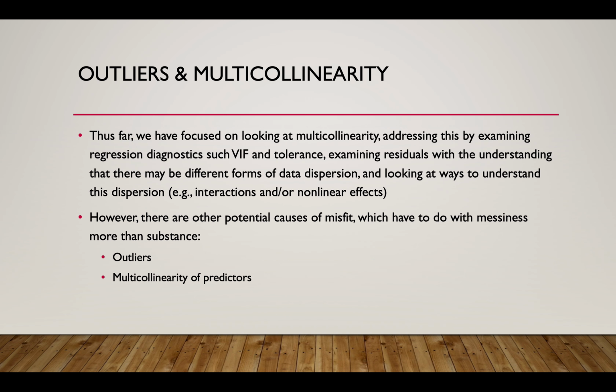Now, of course, we've talked about multicollinearity and having multicollinear predictors, and this being one of the primary reasons why we center our variables, and how we can go about handling multicollinearity and the different types of it. We have not talked very much about outliers.